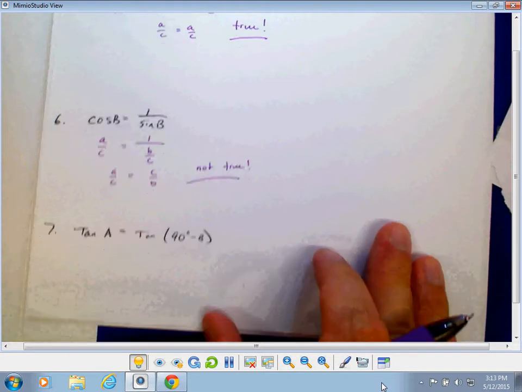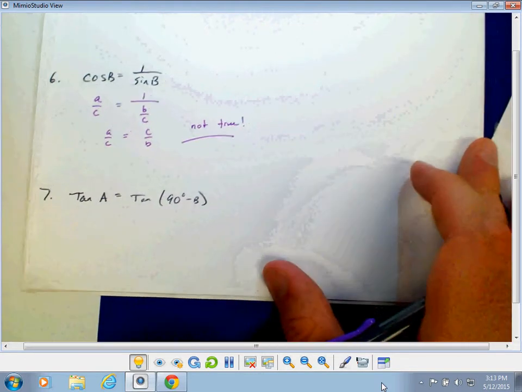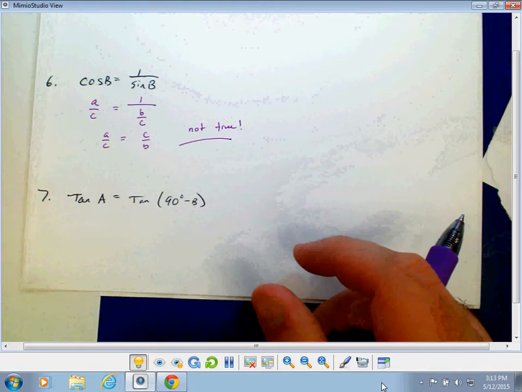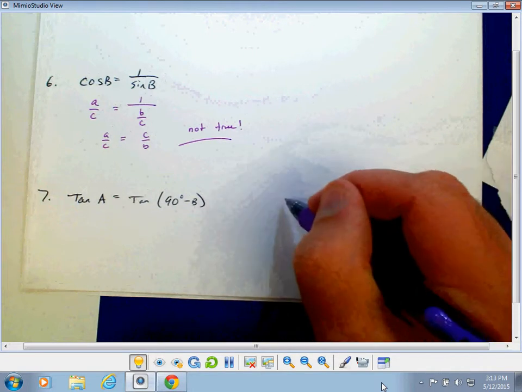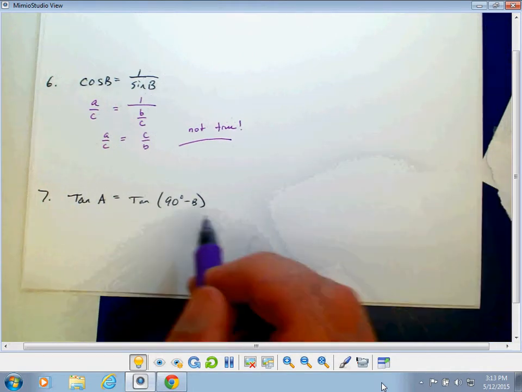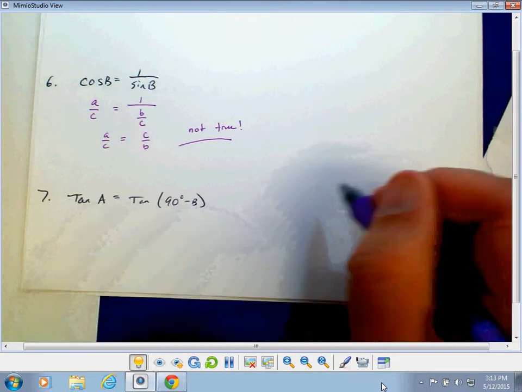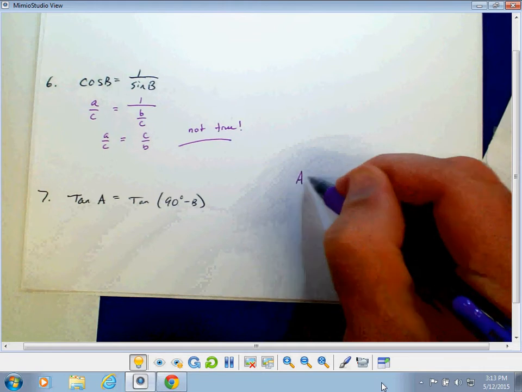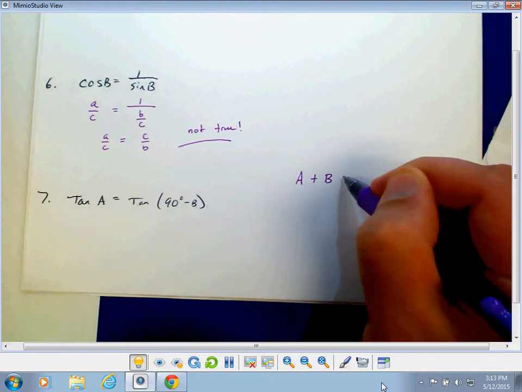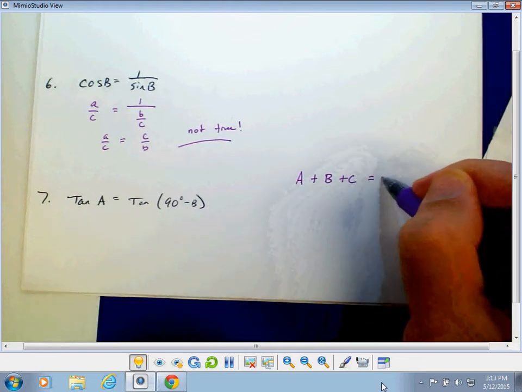Okay, I like number 7 too, but again, for number 7 I would use a little bit of a different approach. I know that the 3 angles of a triangle, because we're talking about degrees here and comparing angle A and angle B, have to equal 180. So A plus B plus C equals 180.